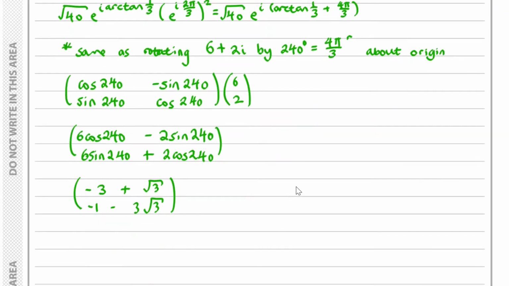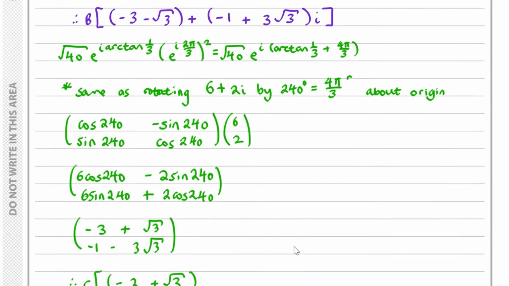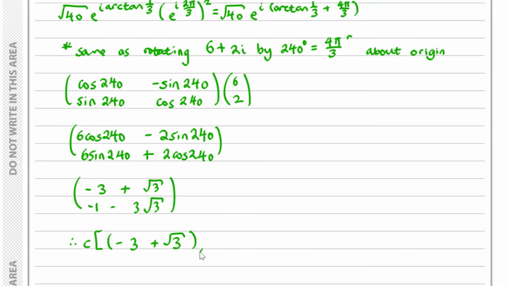And therefore, the coordinates of C, sorry, as a complex number, C is equal to minus 3 plus root 3 plus minus 1 minus 3 root 3 i.